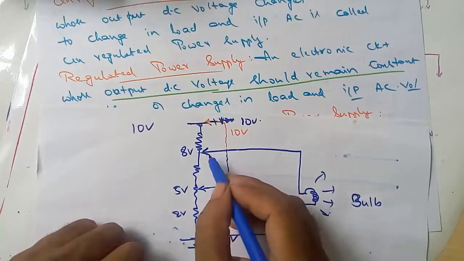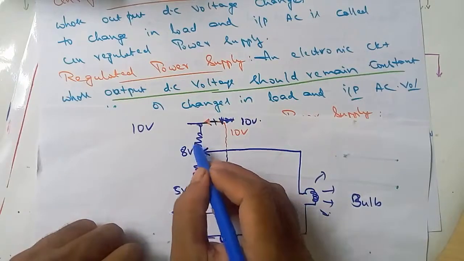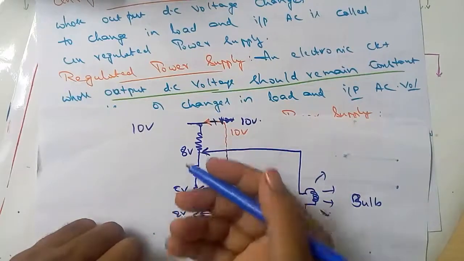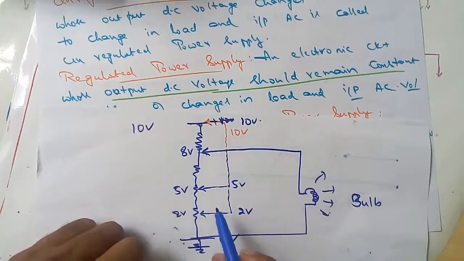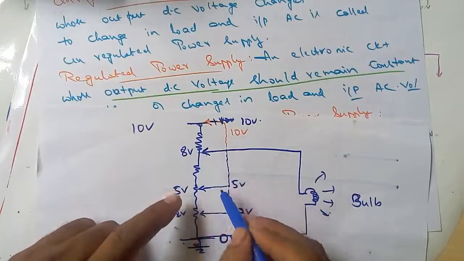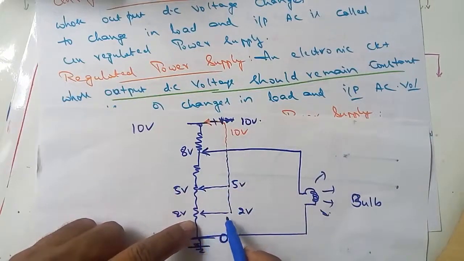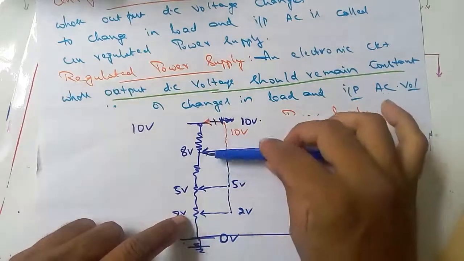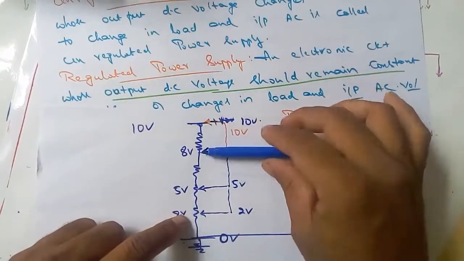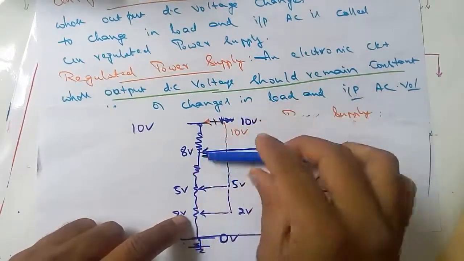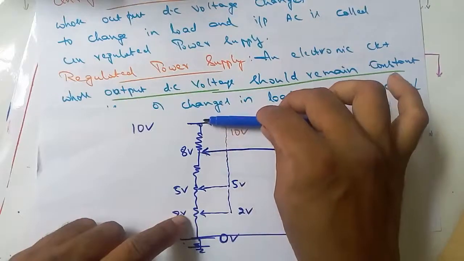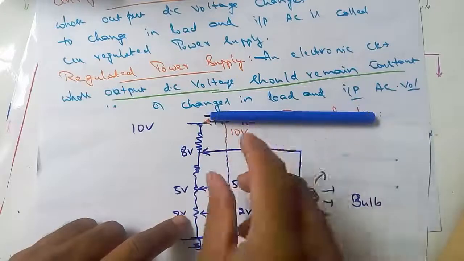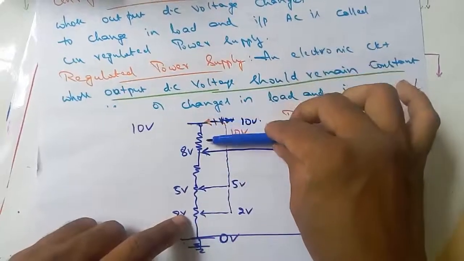So potential here means the voltage drop across the resistance we are taking. This is the regulated power supply output. So what is that regulated power supply giving? The required output. For example, if you want to charge a battery, there is this slider. If you raise the slider, it moves this side; if you move it downward, it moves in the downward direction.